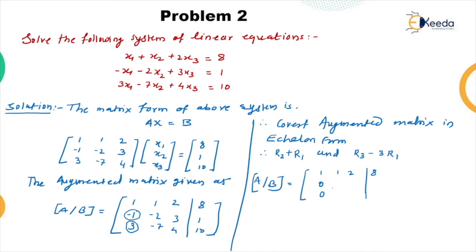Then change in the second row: this will be minus 1, this is 5, and this is 9. So r2 plus r1 means minus 2 plus 1, it becomes minus 1, and 3 plus 2 becomes 5, and 1 plus 8 becomes 9.